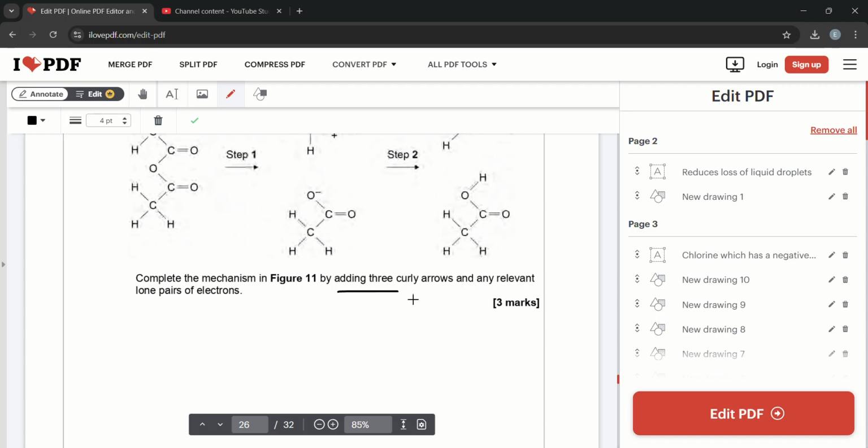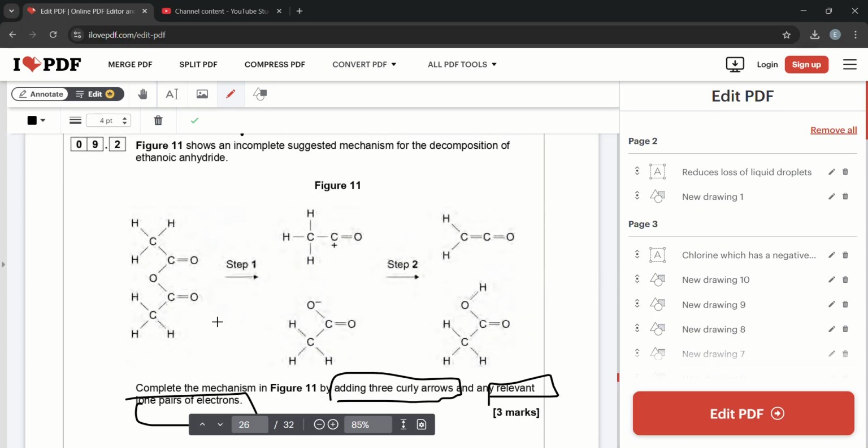Complete the mechanism, adding 3 curly arrows and any relevant lone pairs of electrons. So 3 curly arrows. First things first, we can see that this carbon has a positive charge and this oxygen has a negative charge. So what actually happens is a curly arrow from the C=O to the oxygen.